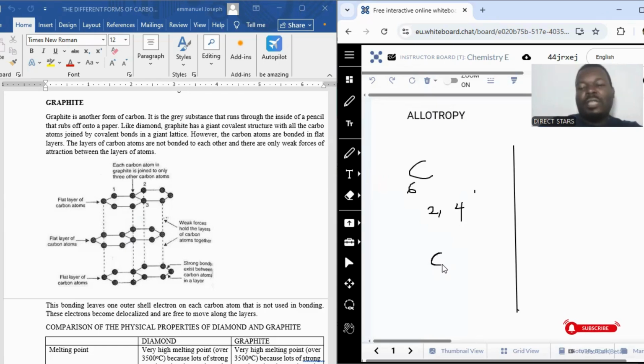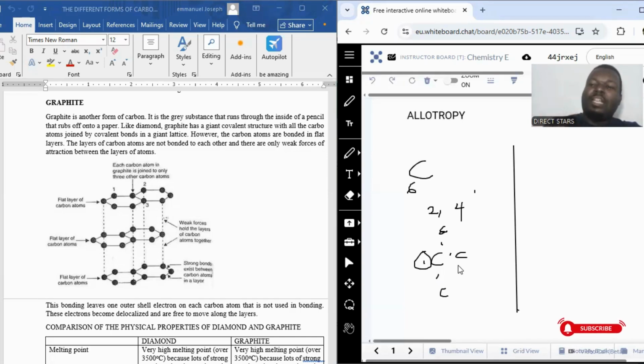Okay, so if it has 4 outer shell electrons, it is expected that carbon should bond to 4 different atoms. But for graphite, when you have just 3 carbons bonded to each atom, you have this free one here. For diamond, the bonding is 4 completely, so there are no free electrons. But for graphite, there is 1 free electron on each carbon atom. So this free electron is mobile.